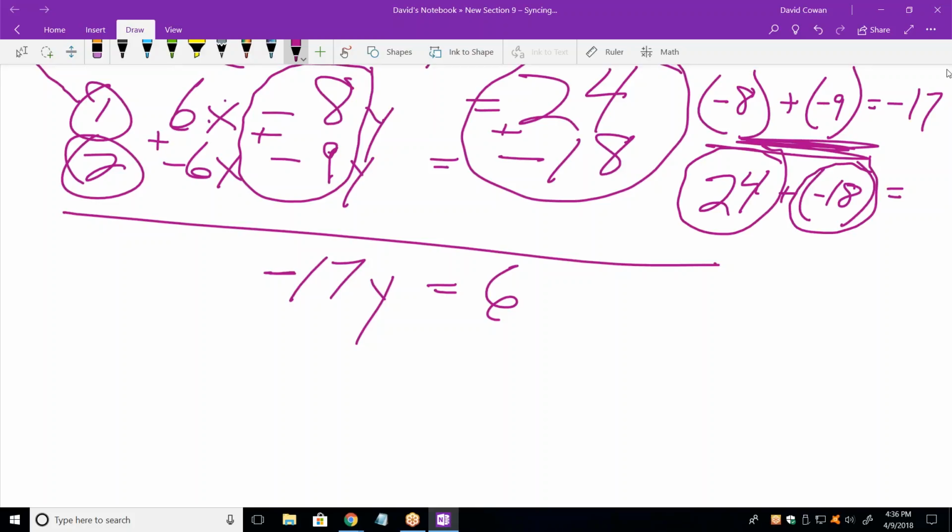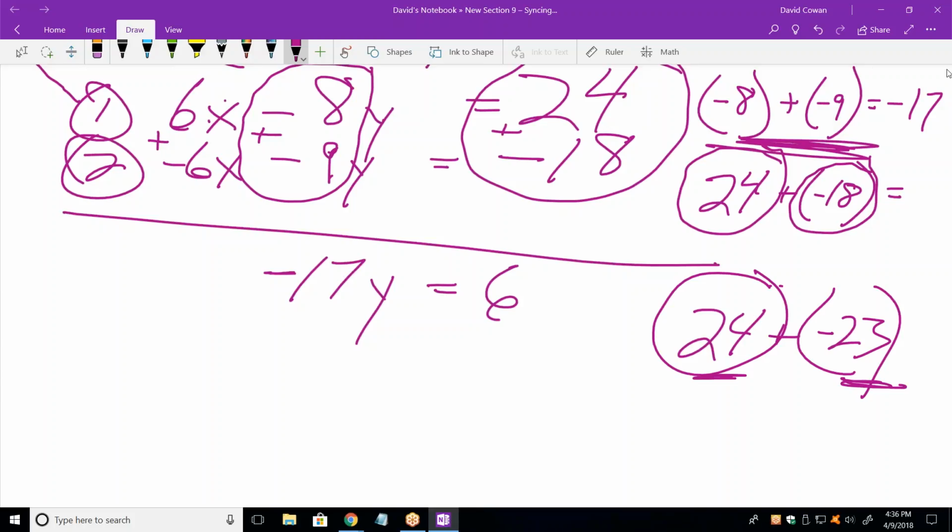So when you're adding a positive number and a negative number, whichever number has the biggest absolute value, that's the sign of your final answer. If I add 24 plus a negative 23, I'm adding a positive number and a negative number. The positive number is bigger, 24 is bigger than 23, therefore my answer has to be positive.